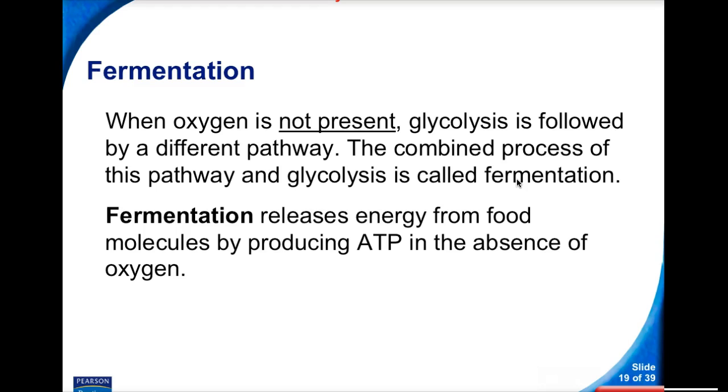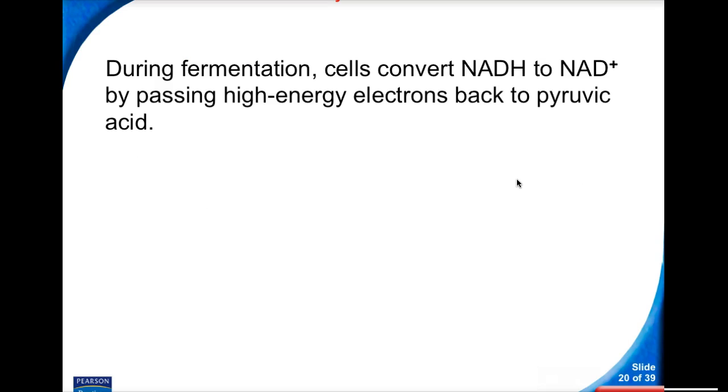Fermentation is going to release energy from food molecules by producing ATP in the absence of oxygen. During fermentation, the cells are going to convert NADH, remember, that high energy electron carrier molecule, back to NAD+ by passing high energy electrons back to the pyruvic acid molecule.